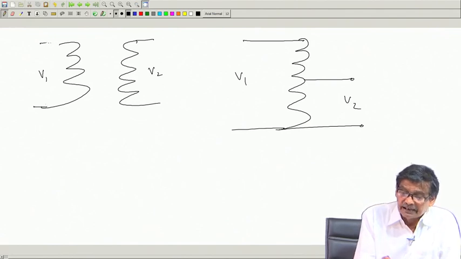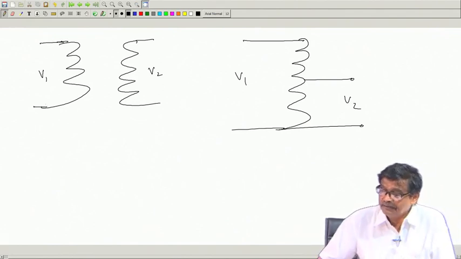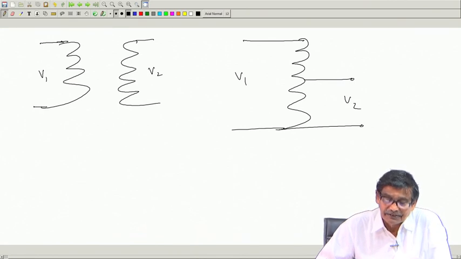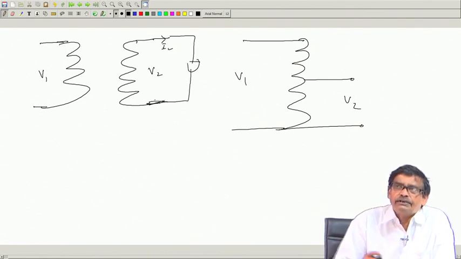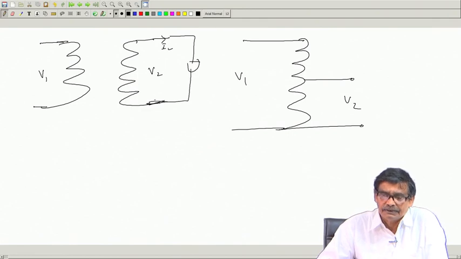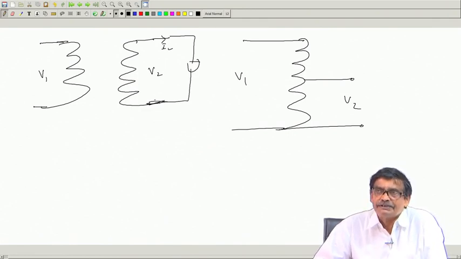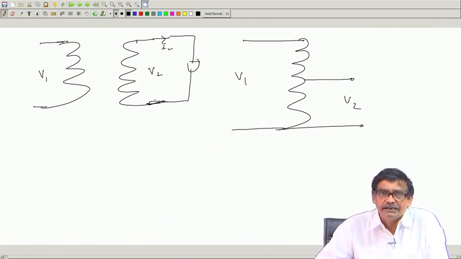Let us consider a situation where the two winding transformer is supplying load, rated current it is supplying. That is how I would like to operate the transformer, because I have purchased a transformer of a given kVA, so let it handle the given kVA. Why operate it under no load?